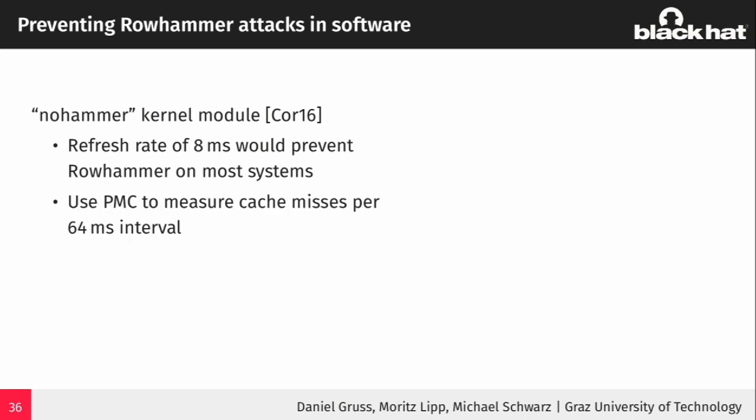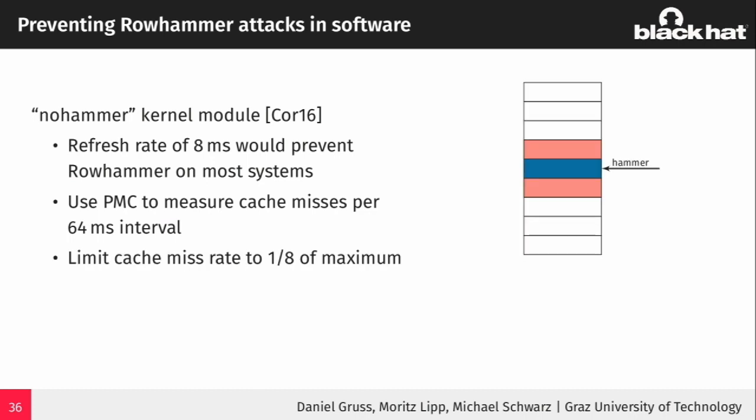And we use performance counters to measure the number of cache misses per 64 millisecond interval. If this reaches a certain value, namely 1/8 of the maximum, then we wait for a refresh and block any operation. We don't schedule anything on the processor anymore until the 64 milliseconds pass. So basically halt the whole system.